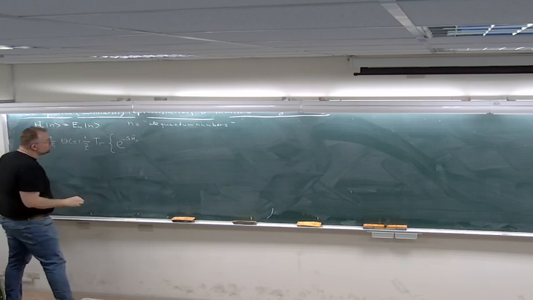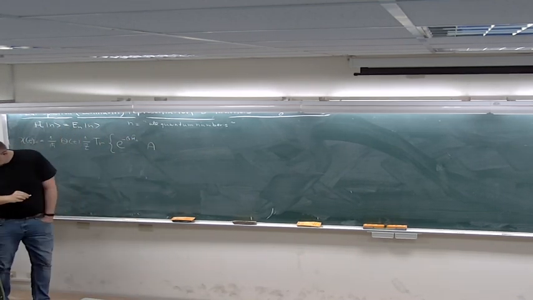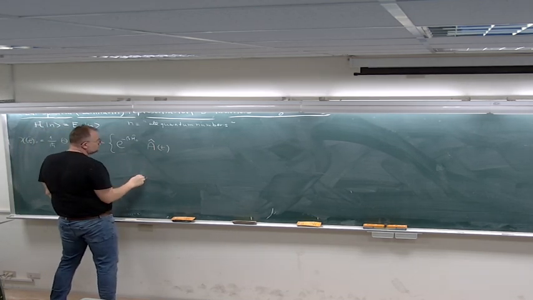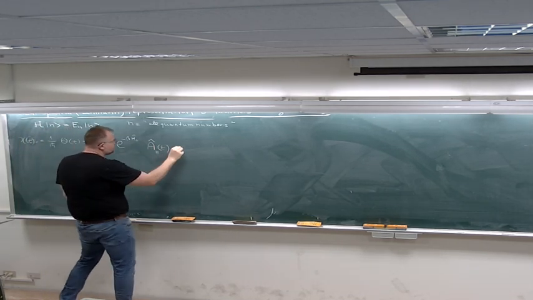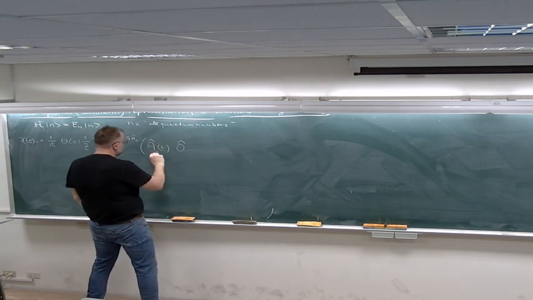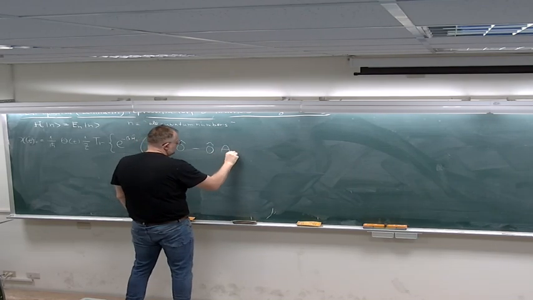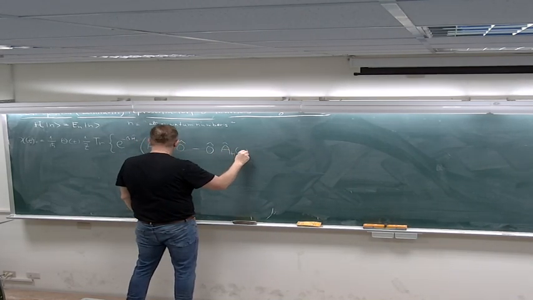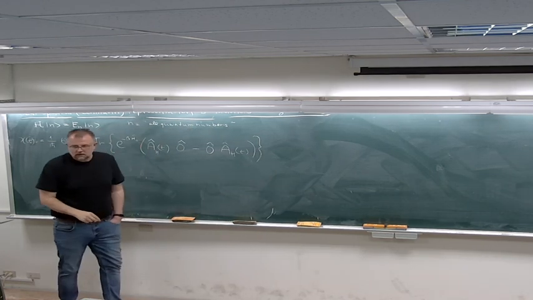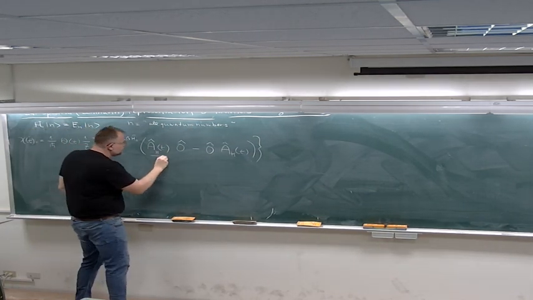And I have this operator A at time tau, in the Heisenberg picture. Then there is the operator O, and then I have it in the opposite order, minus O. So I already used this trick that all the time dependence I can put into one of these operators.